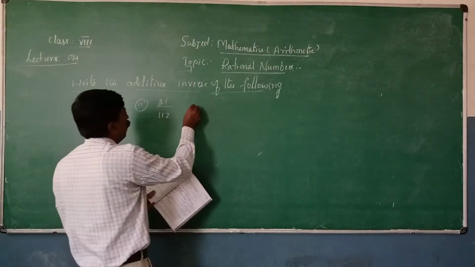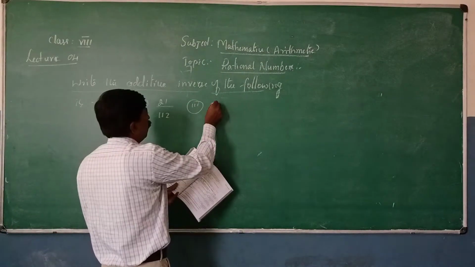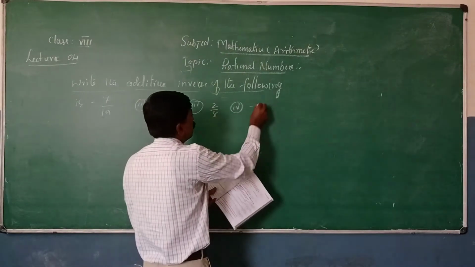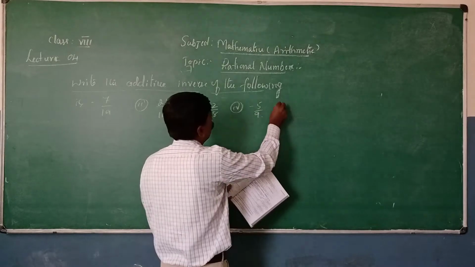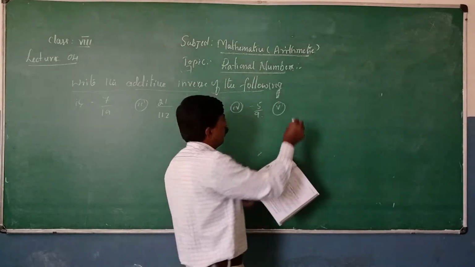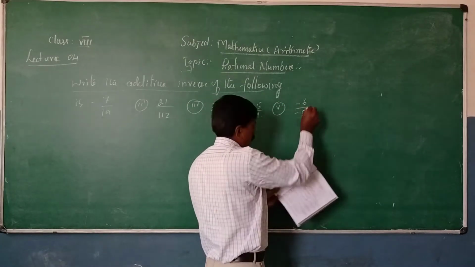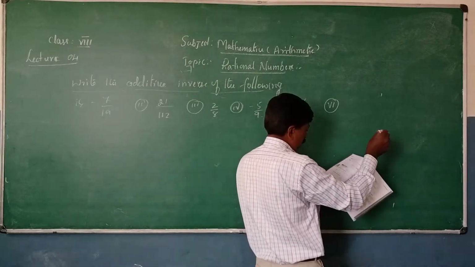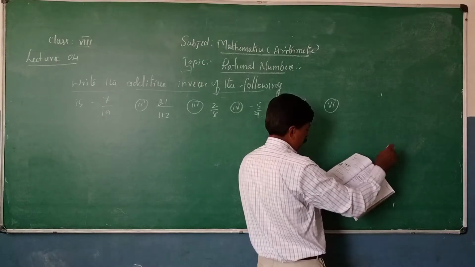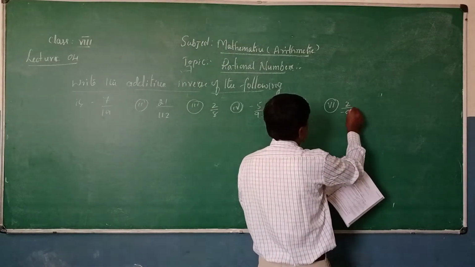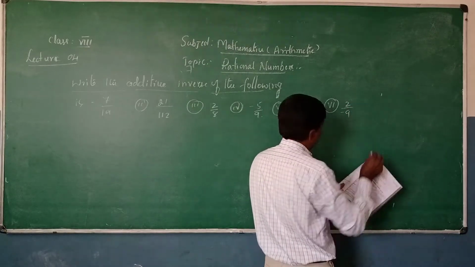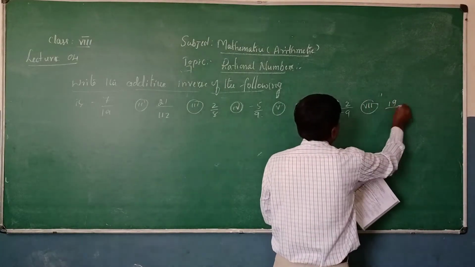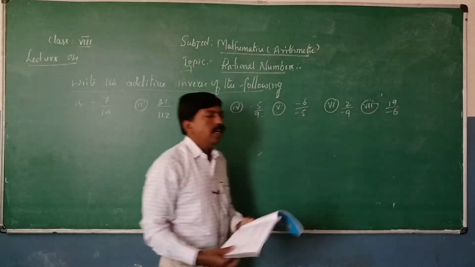Third one, 2 by 8. Fourth question, minus 5 by 9. Fifth one, minus 6 by minus 5. Sixth one, 2 by minus 9. And the last one, 19 by minus 6.